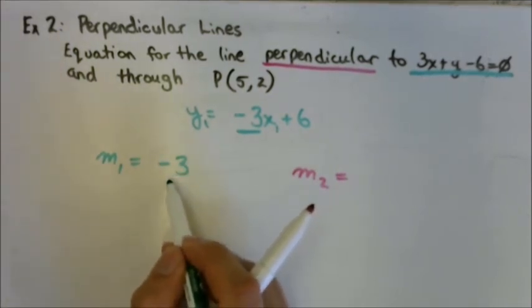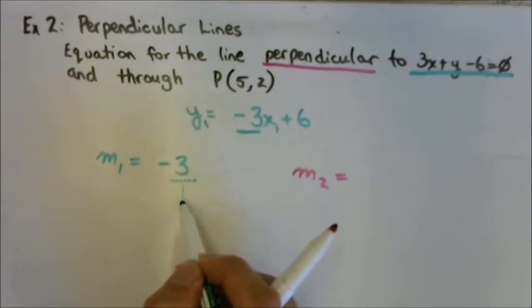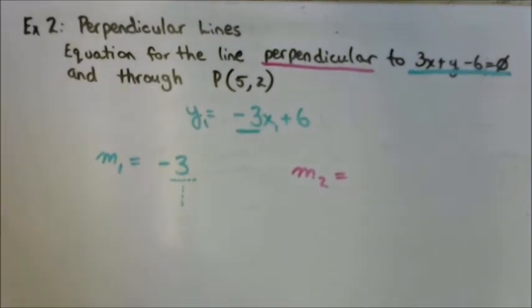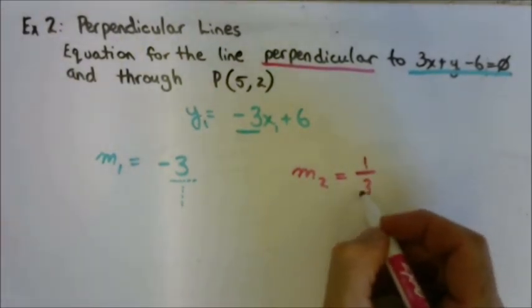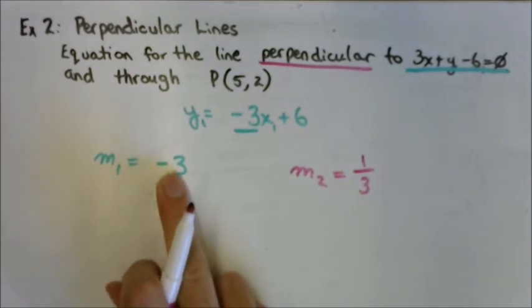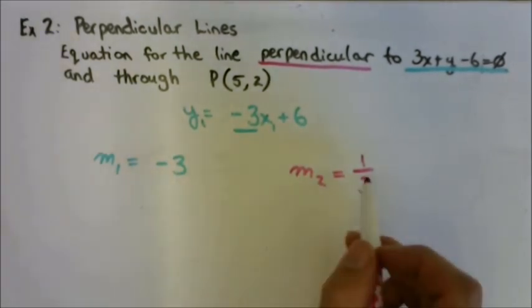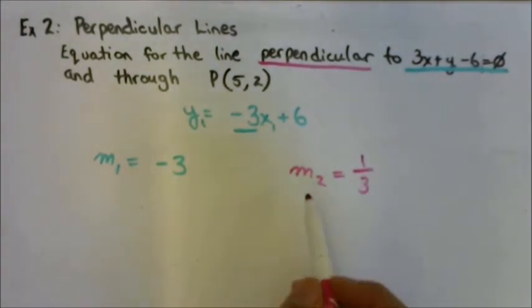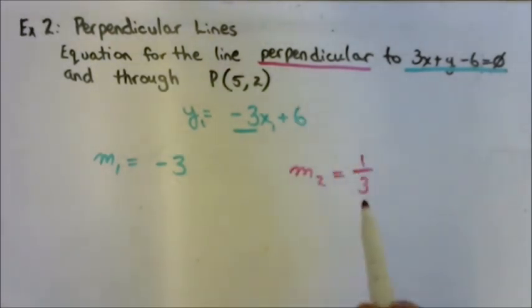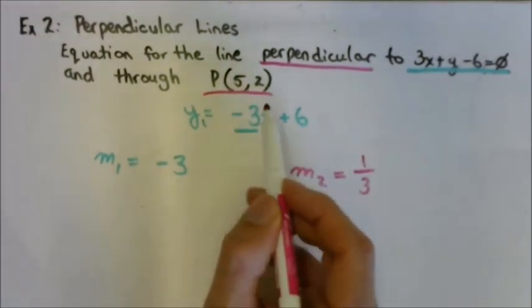Well, remember, 3 is really just a fraction, 3 over 1. If I flip that, I get 1/3. So the opposite reciprocal of -3 is positive 1/3, which tells us that the slope of our perpendicular line is positive 1/3.